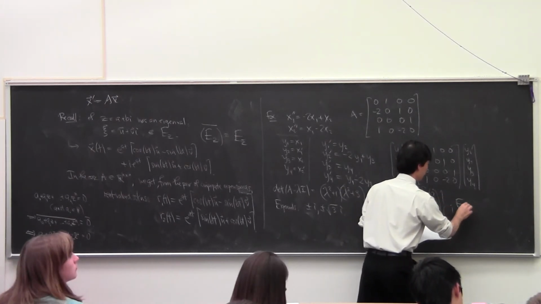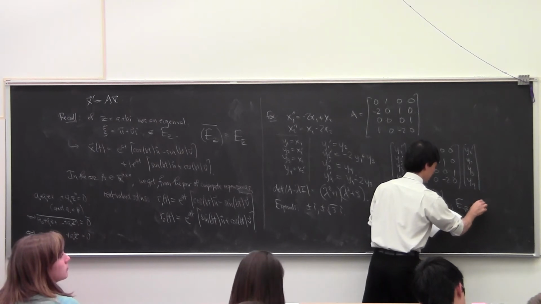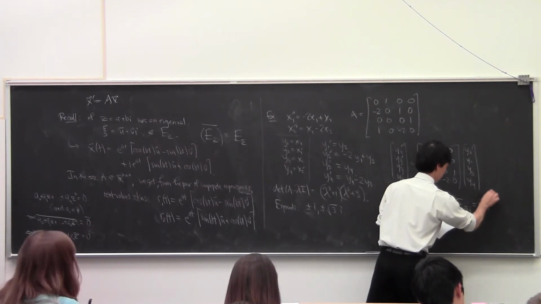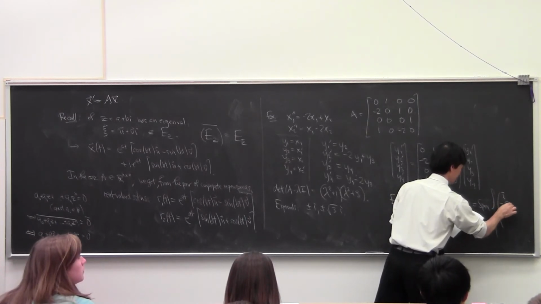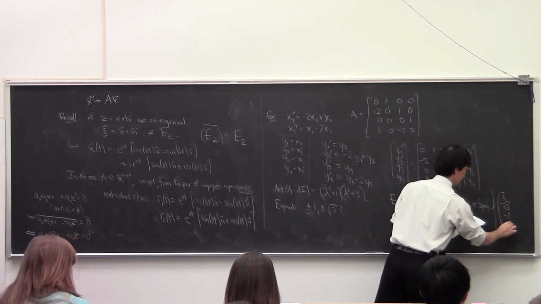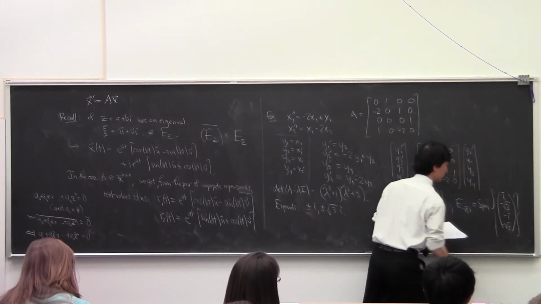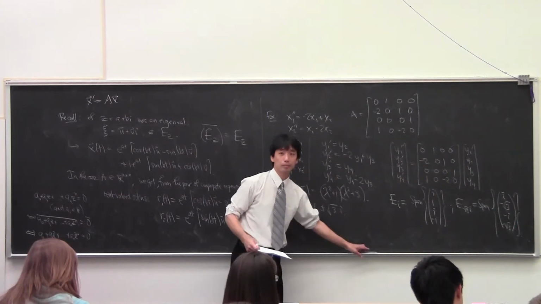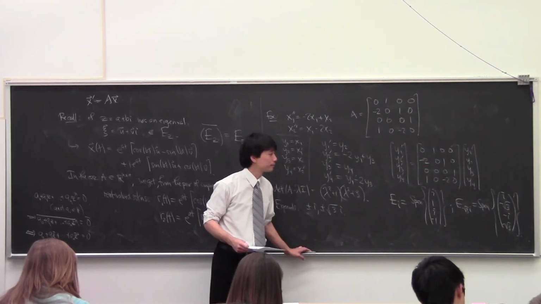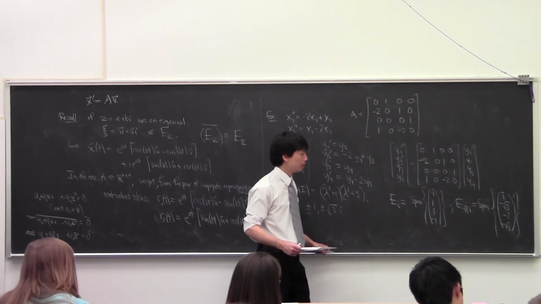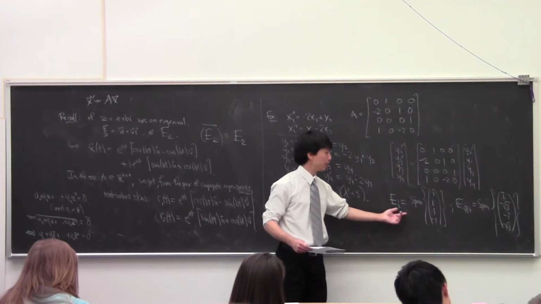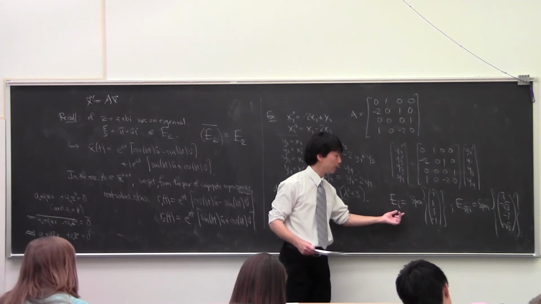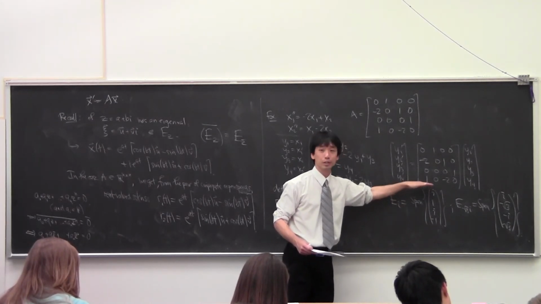And E sub root 3 i is the span of (i, negative root 3, negative i, root 3). And like I said, we don't really need to think about the other spaces, because E sub minus i is just the span of the conjugate of this.